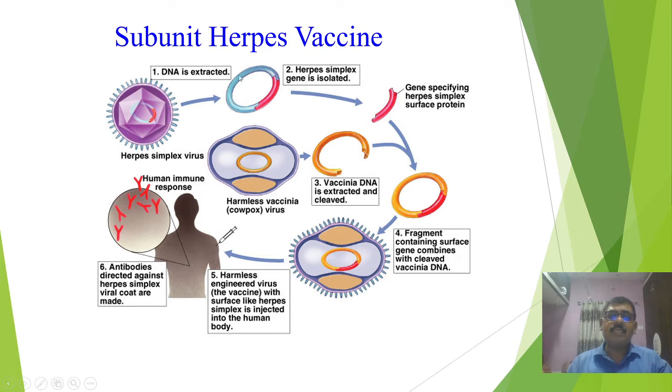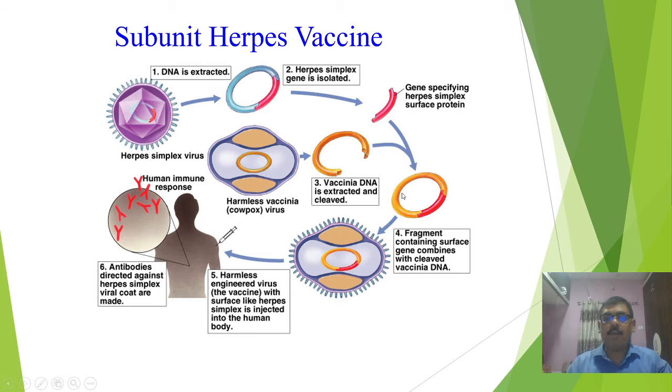The vector is a virus which is not harmful. This is the DNA from the vector, and this is the desired gene from herpes simplex. Now this is a recombinant DNA molecule.